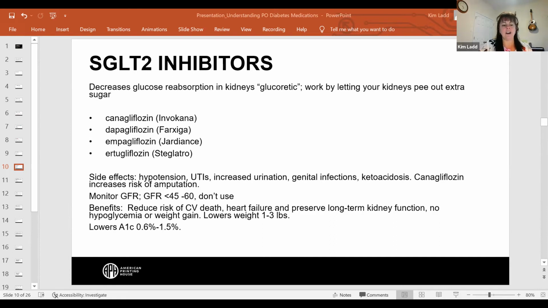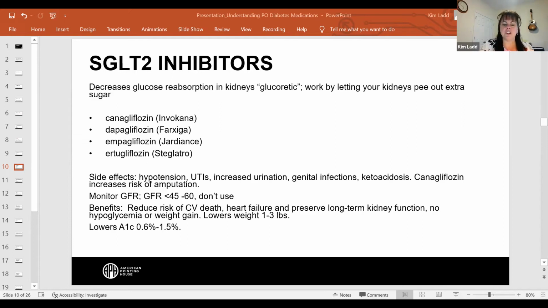Canagliflozin also increases your risk of amputation. If you have kidney problems, meaning your GFR, which is glomerular filtration rate, is less than 45 to 60, meaning you have some kind of kidney failure, this is not a medicine for you because it works your kidneys. So that's a conversation with your doctor.